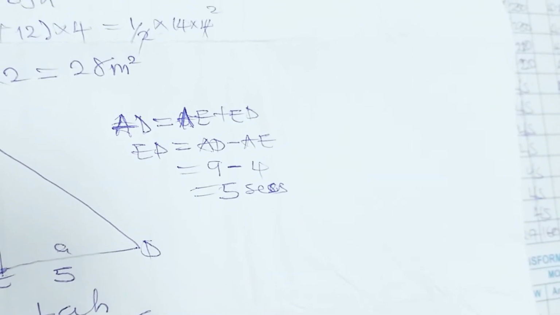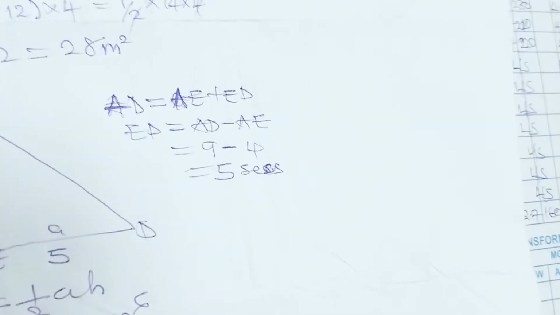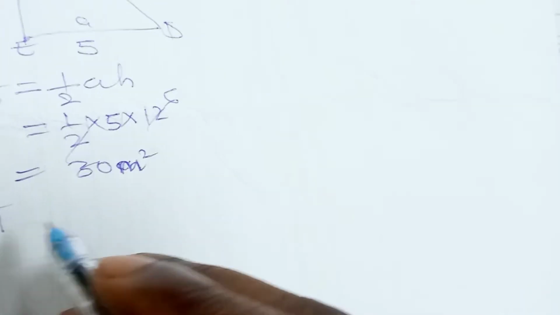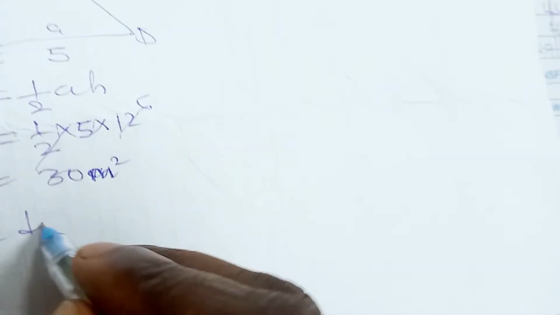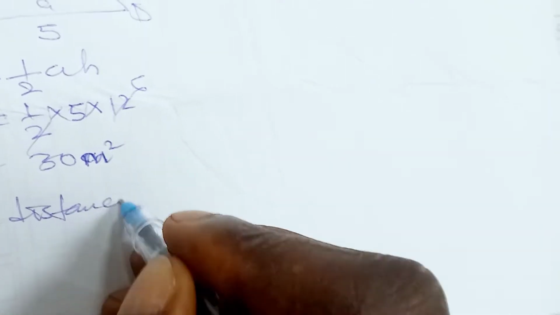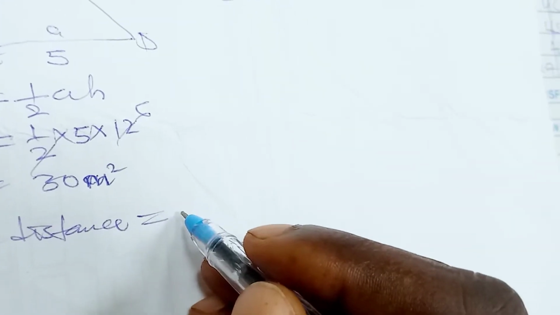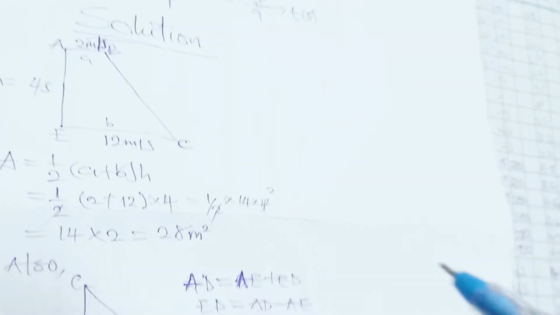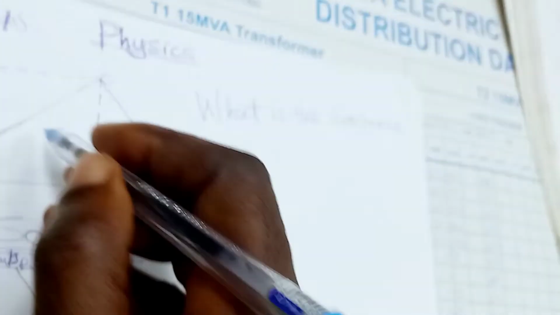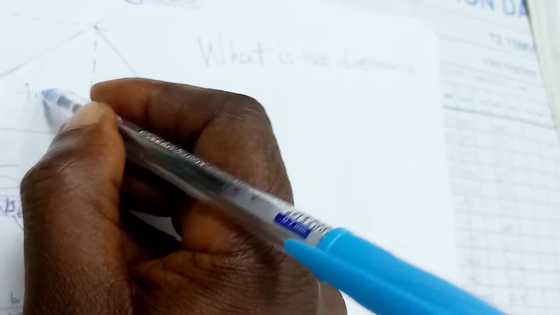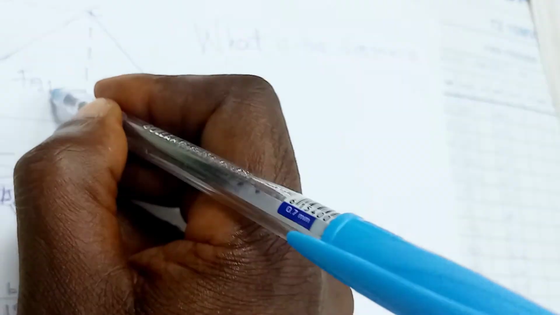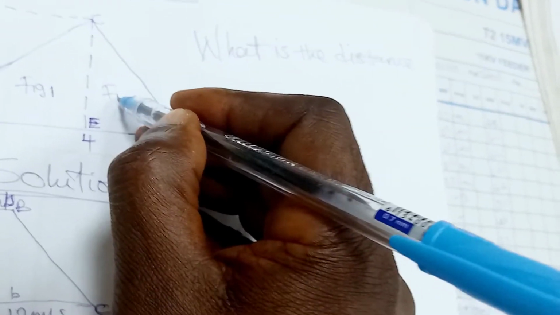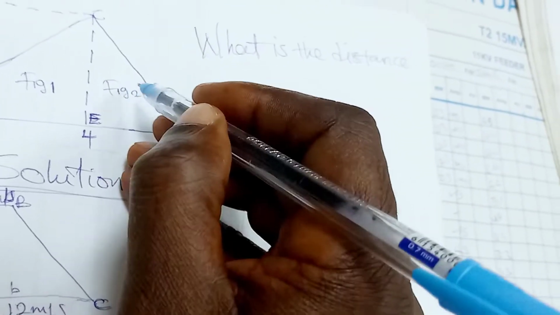Now, therefore the distance is equal to the area of the shape. Let's tag the shapes to be figure 1 and figure 2.